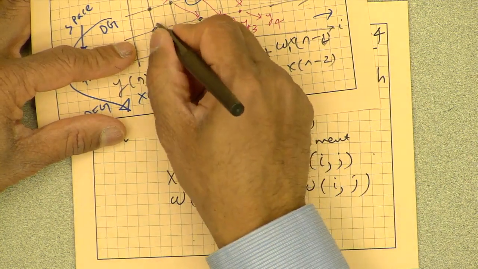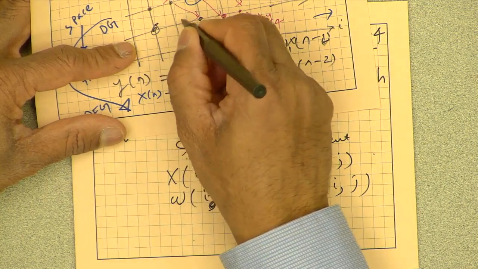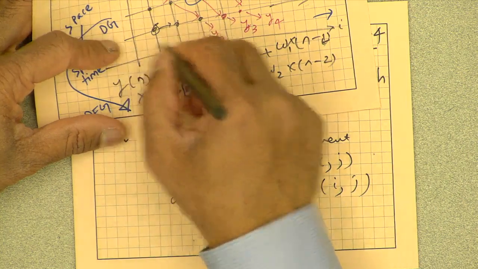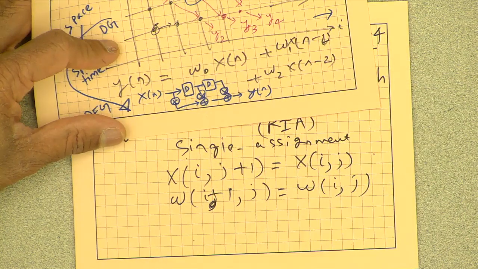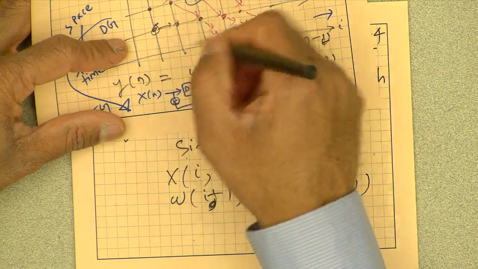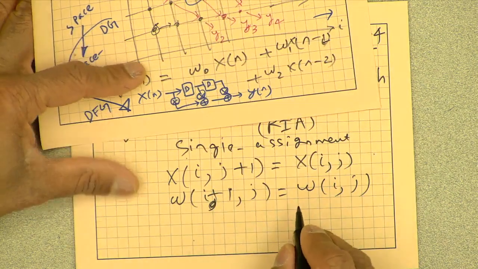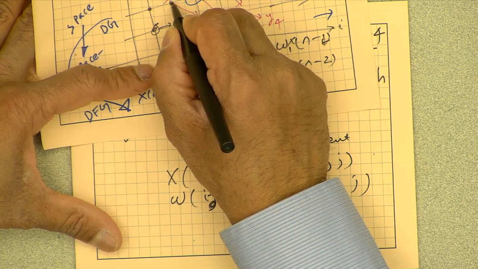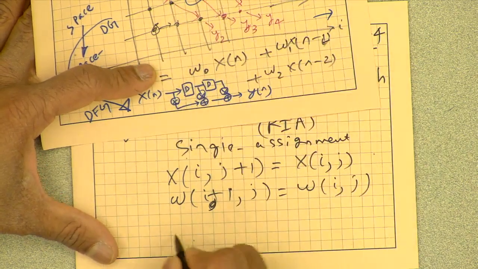So, if I have this w i j here, that goes to this point, and that is i plus 1 j, the same value of j, but the next value of i. That is the single assignment for W. Output, if I take some y i j, this is i j, and it goes to i plus 1 j minus 1.